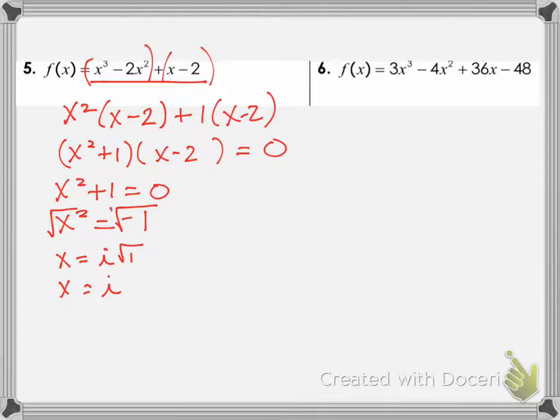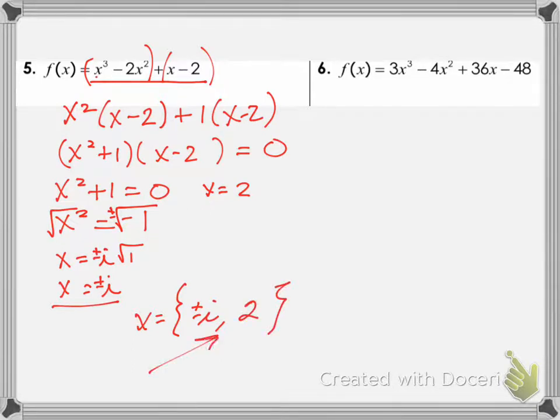Oops, don't forget plus or minus. I forgot plus or minus, so plus or minus i. So for that side, x is plus or minus i, and for this side, you get x equals 2. So your answer is x equals plus or minus i and 2. And we had a 3rd degree term, and we have 3 zeros.